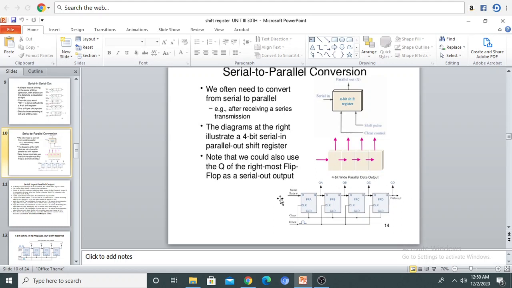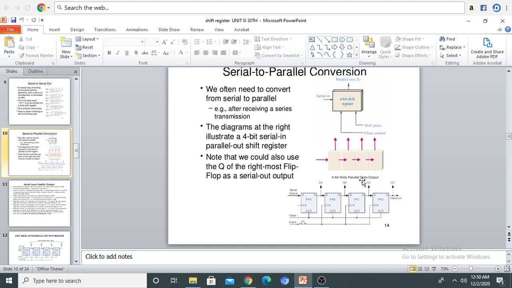Next I am applying the value 1 again. Now I am applying clock also. So on the second clock pulse, you will get 1, 1, 0, 0. Previously we had 1, 0, 0, 0. This 1 is shifted to here, 0 is shifted to here, 0 is shifted to here.